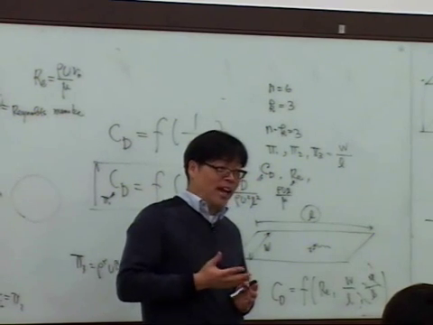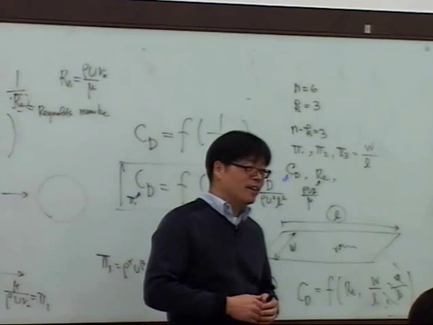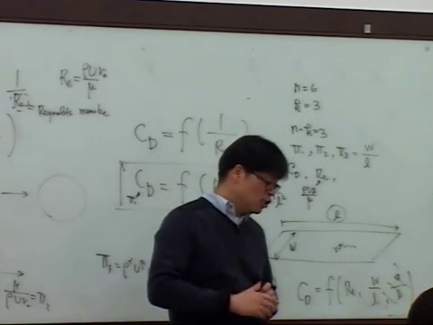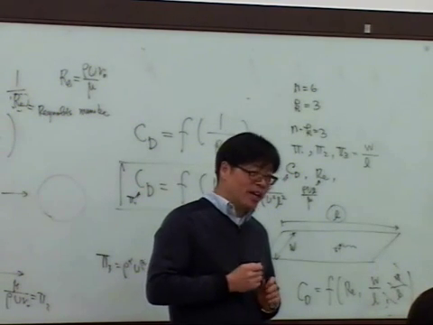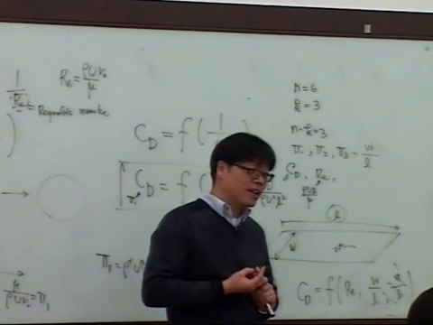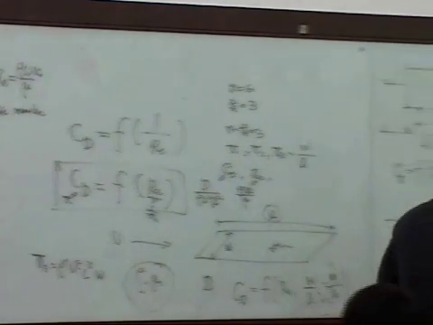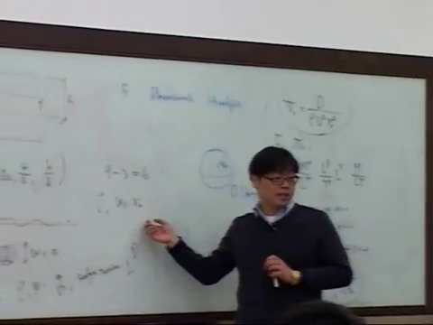Computationally, you can do that. You choose any radius of sphere, and then you just change the stream. But there is a more systematic way to do, which we call non-dimensionalization. So let me talk about non-dimensionalization of the Navier-Stokes equation, and then I'll come back to this.